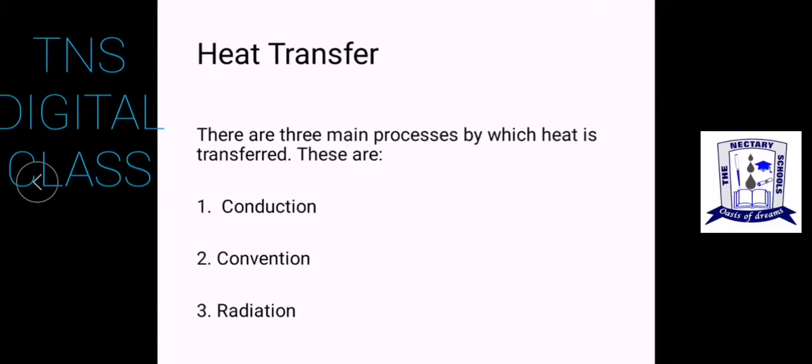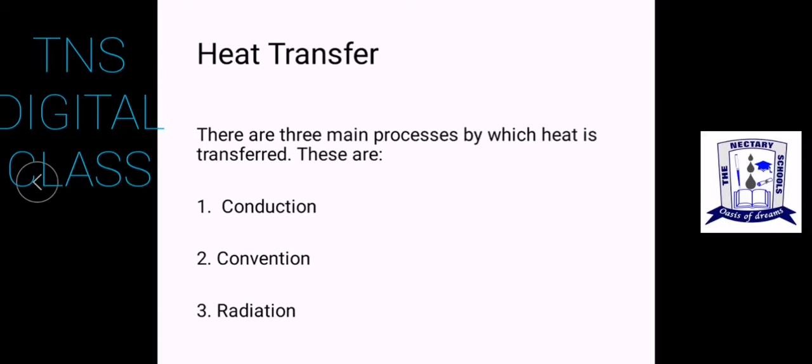Now, heat transfer. In science, there are three terms that we use to describe the transfer of heat. So there are three main processes by which heat is transferred. These are: number one, conduction; number two, convection; and number three, radiation.